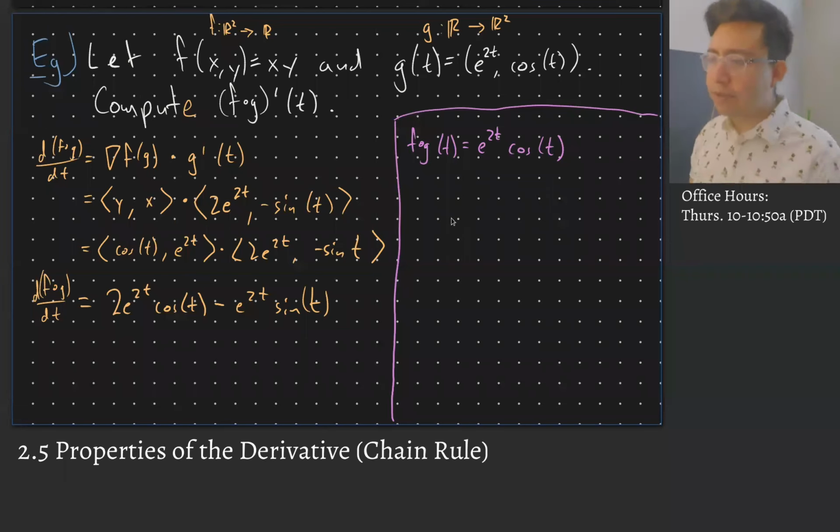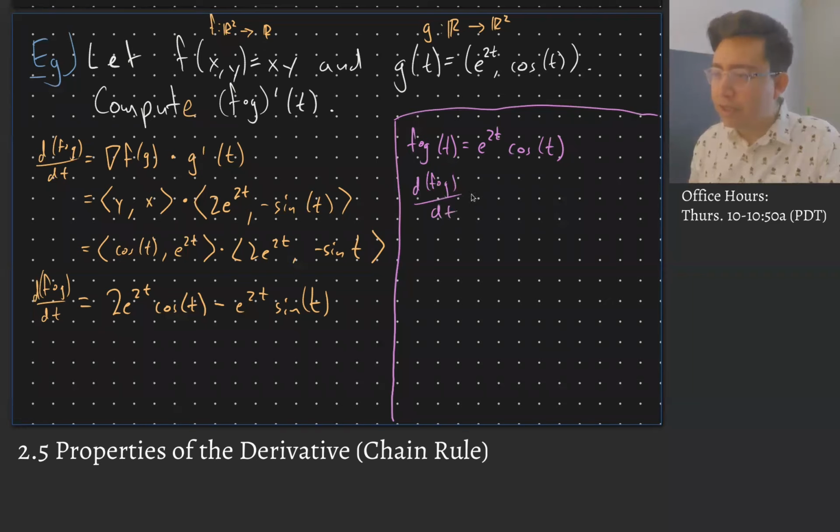And so if you go to compute d f of g dt, you use the product rule and you end up getting exactly the same thing.